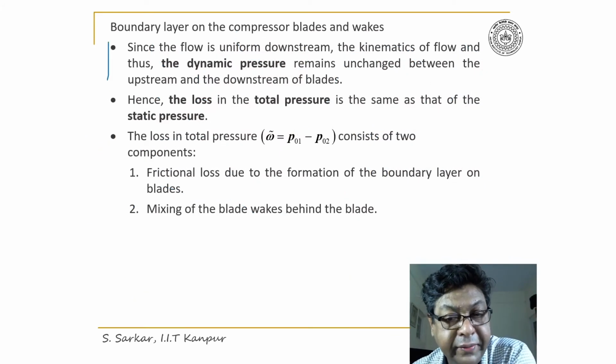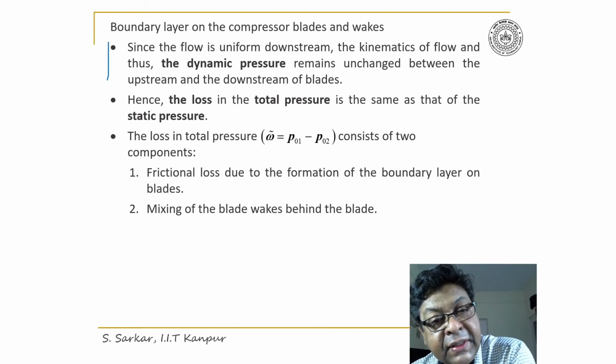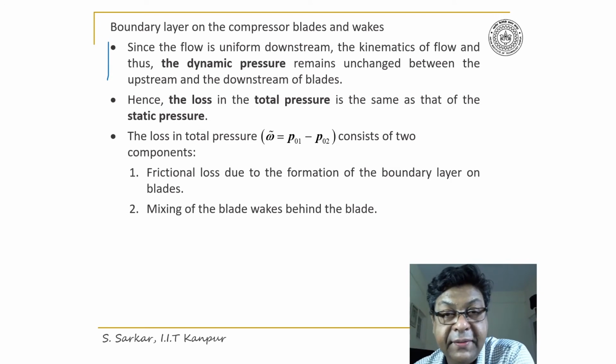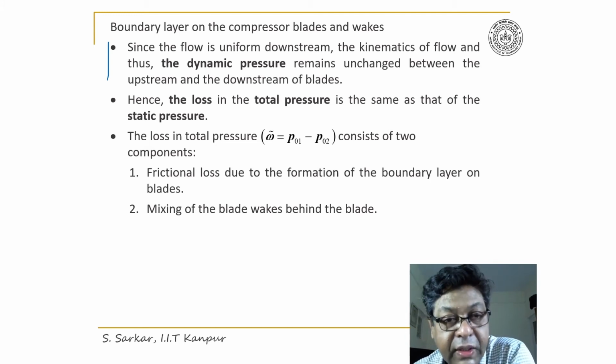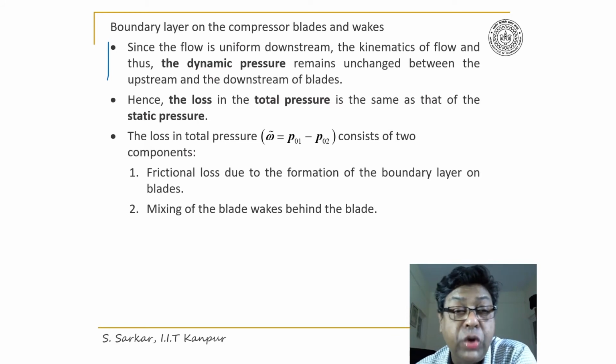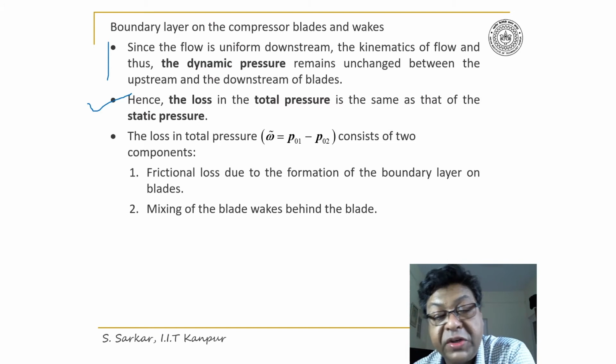Now note that since the flow is uniform far downstream of blade, I can say that the kinematics of flow and thus the dynamic pressure remains unchanged between upstream and at a section far downstream of blades. Thus, the loss in total pressure is same as that of static pressure.